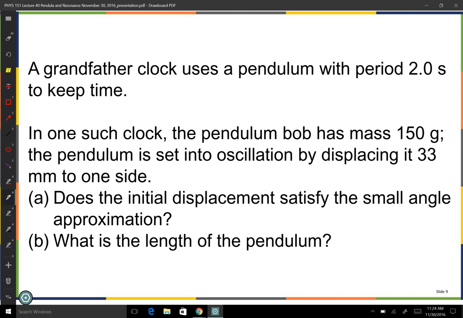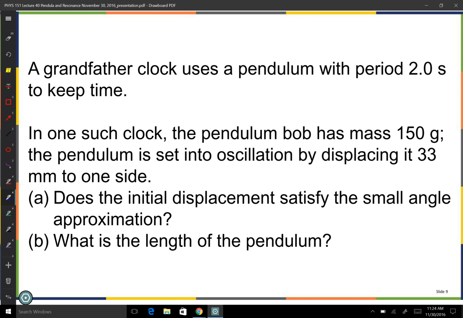So, grandfather clock, you guys know the grandfather clock, you just have this big weight that goes back and forth, and you have masses that fall. The way you wind the clock, so to speak, is you simply raise the masses. In terms of energy, what are you doing when you raise the masses? You're increasing the potential energy.